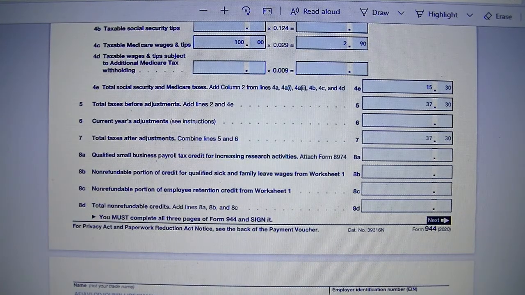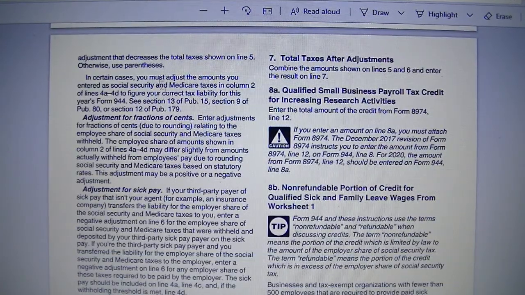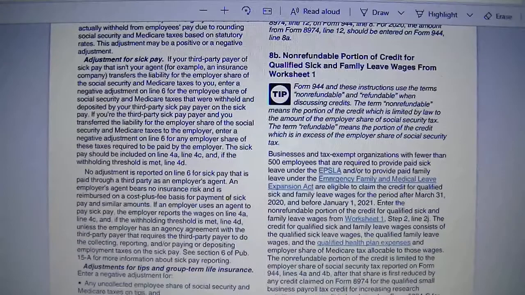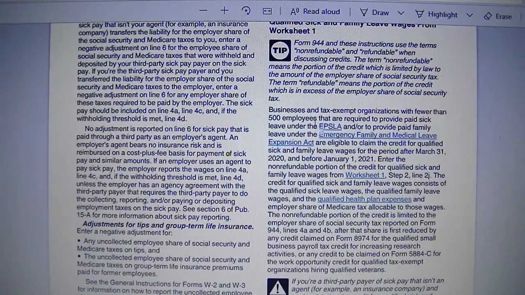I believe I said in the previous video that there is a worksheet, and pretty much it's businesses and tax-exempt organizations that have less than 500 employees and are required to pay sick leave that can claim that credit.